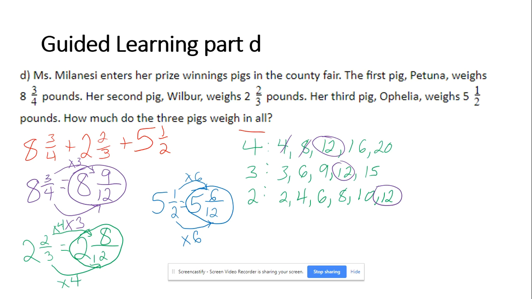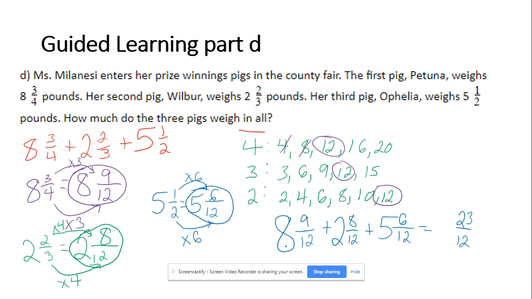So we're going to add all these addends together. We had 8 and 9/12 plus 2 and 8/12 plus 5 and 6/12. Start by adding the fractions first. We know our denominator is going to be 12. 9/12 plus 8/12 is 17/12 plus 6/12. Well, I know 17 plus 6 is 23. So 17/12 plus 6/12 is going to be 23/12.